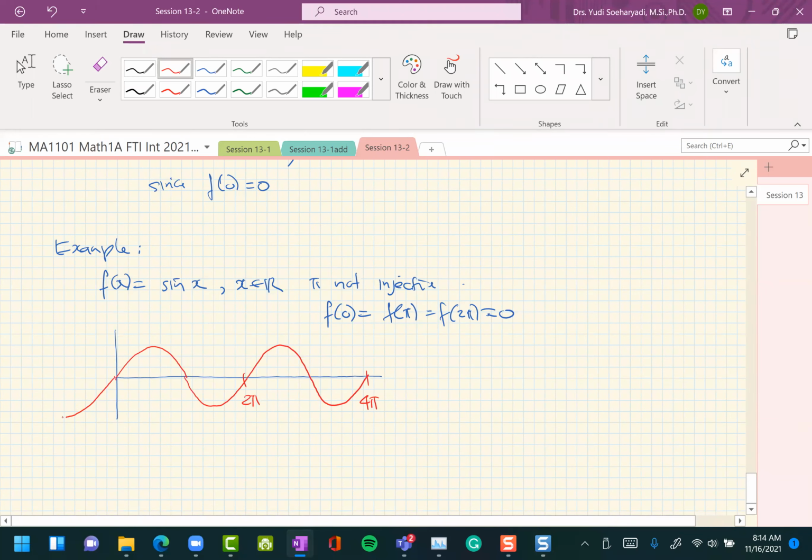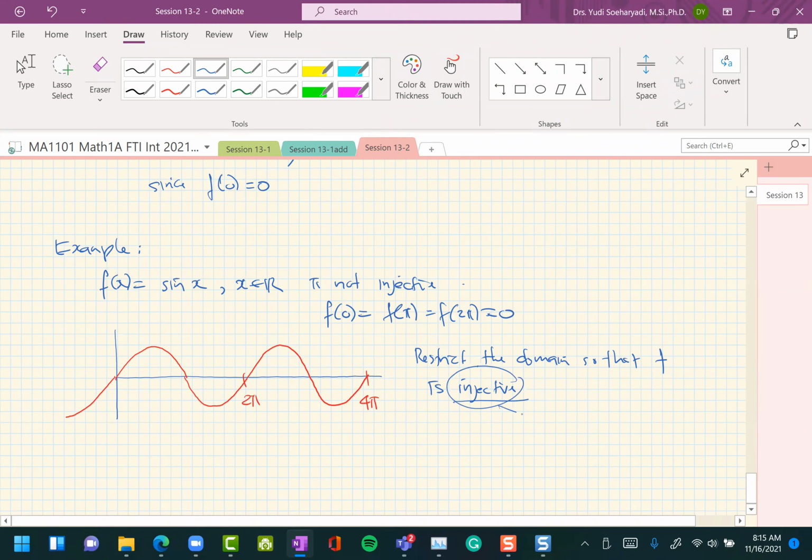Usually what we do here is restrict the domain of f so that f is injective. So you have to find a domain so that f is injective.